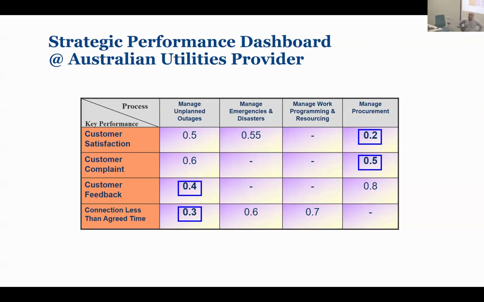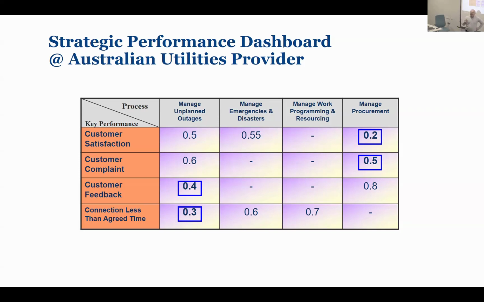Like, for example, how are we doing with respect to managing unplanned outages? When the electricity goes out in an entire neighborhood, how well are we doing? How well are we doing in managing our procurements? How well are we doing in managing emergencies when customers call us?